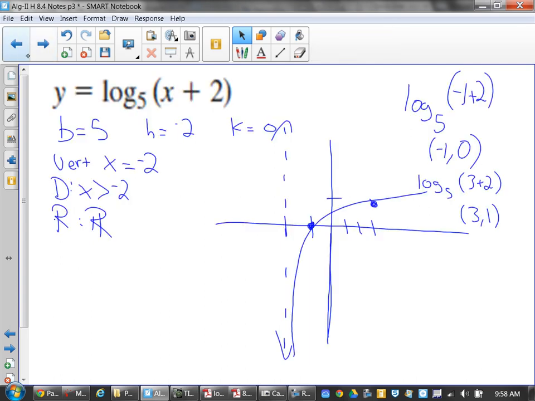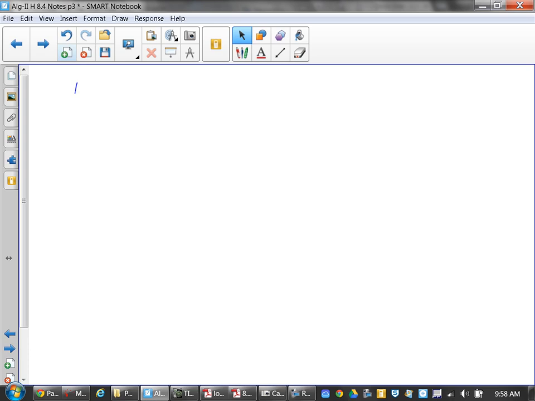I'm going to do another one. Let's say base 1/2, and I'm trying to make this not terrible, with a +1.